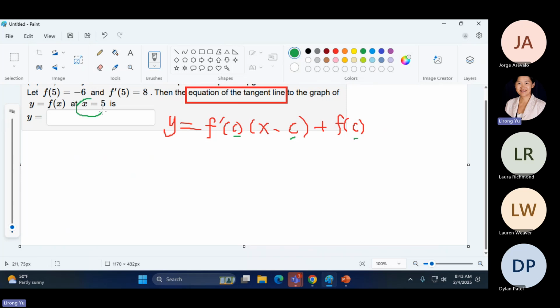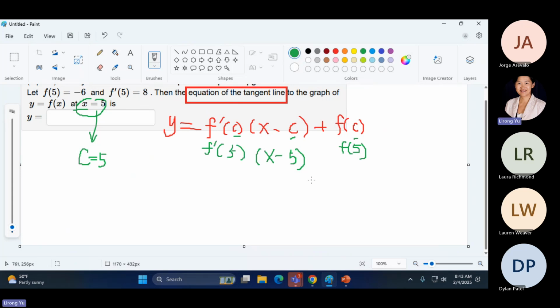Here, we're at x equal to 5. We're drawing the tangent line at this point. So that's our c. In our case, c is equal to 5. Once c equals 5, you know that it's going to be x minus 5. Once we identify c, we know how to fill in all those numbers. Here it should be f of 5 because c is 5, and here is going to be f prime of 5.